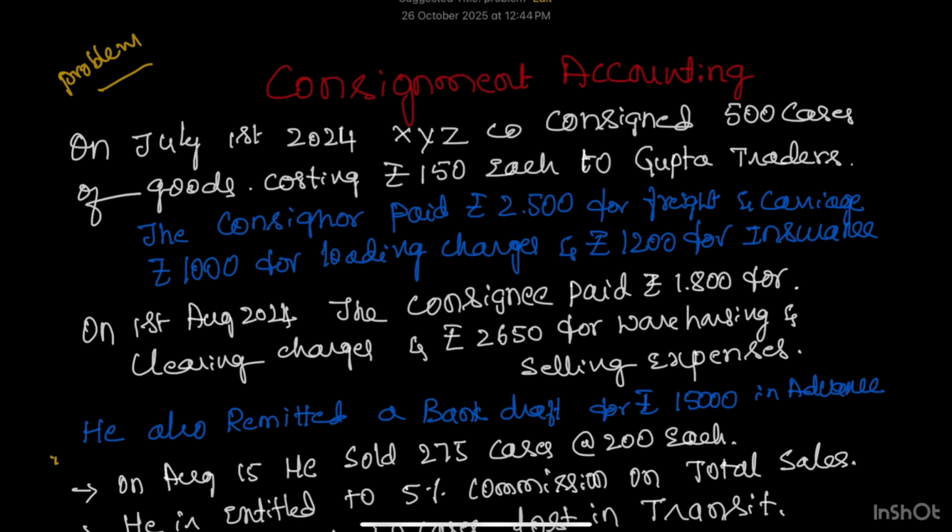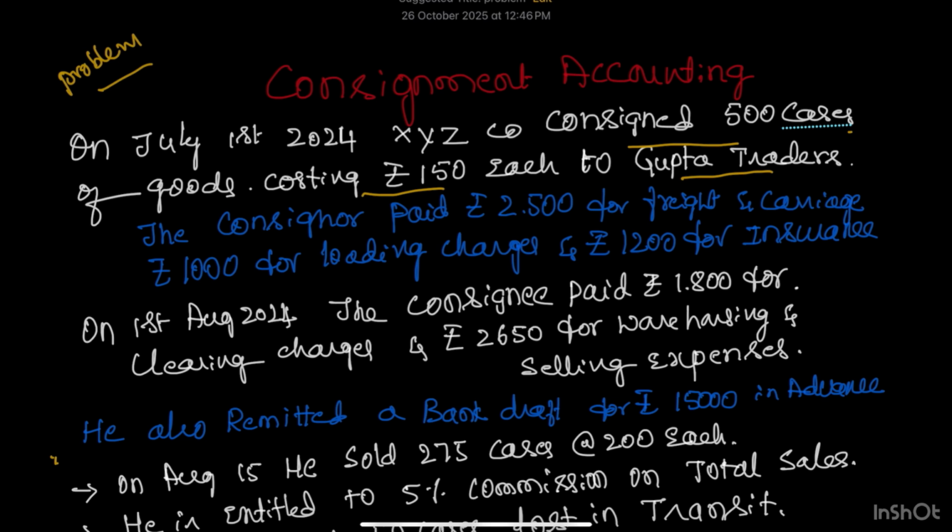Let's see the problem. On July 1st, 2024, XYZ company consigned 500 cases of goods costing rupees 150 each to Gupta traders. XYZ company becomes the consignor and Gupta traders becomes the consignee. The consignor, XYZ company, has paid 2,500 for freight charges, 1,000 for loading charges and 1,200 for insurance.